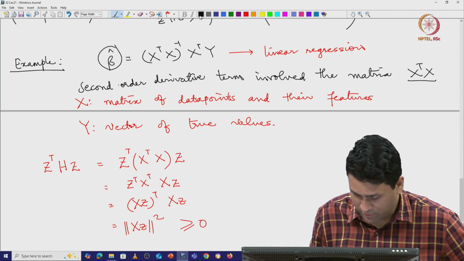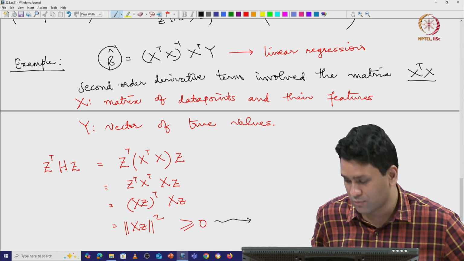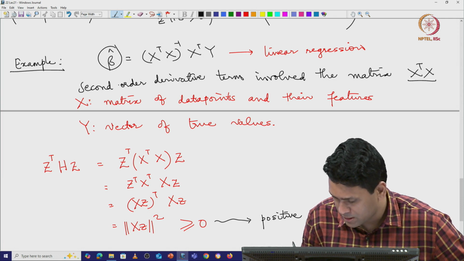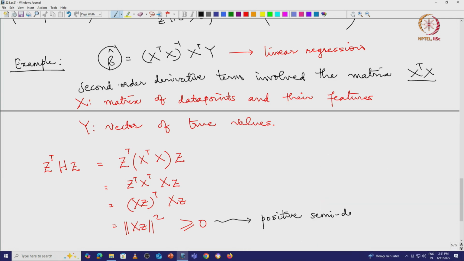So, if this value is greater than or equal to 0, then it is called a positive semi definite Hessian or matrix, and in this case the matrix is the Hessian matrix. This happens if the eigenvalues are positive or 0, that is, they are non-negative.